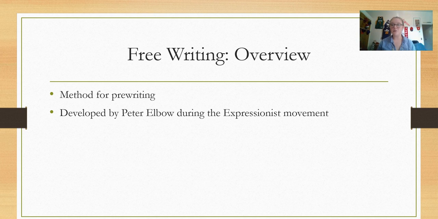Now, the Expressionist movement really tries to tackle some of the more traditional notions of academic writing, and it tried to strip writing of its focus on grammar and mechanics and that strict structure that we saw in composition starting from when it became a more official field back in the 19th century, all the way up until the mid-20th century.